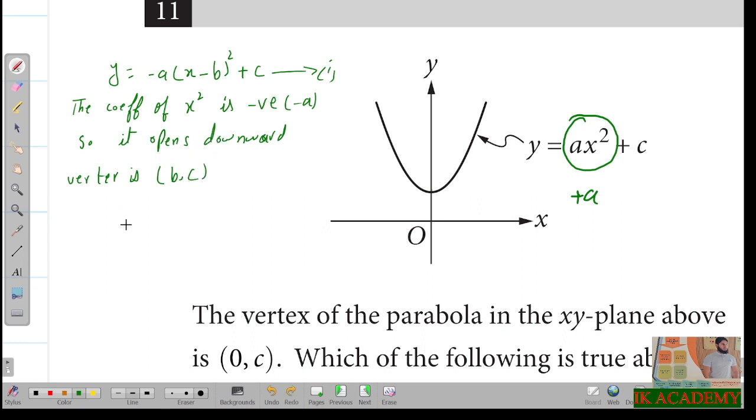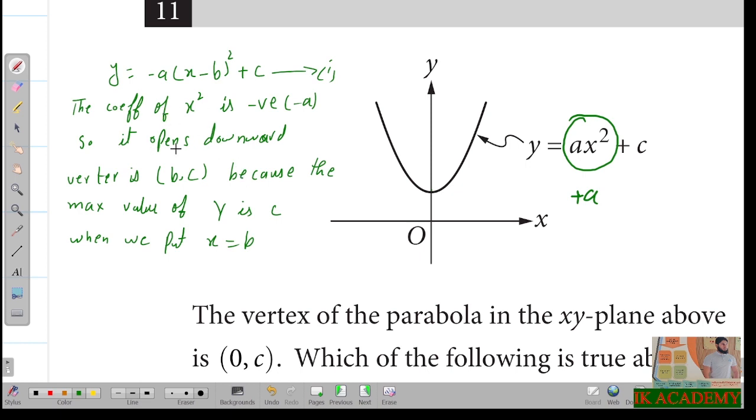So vertex is B, C because the maximum value of y is c when we put x is equal to b.